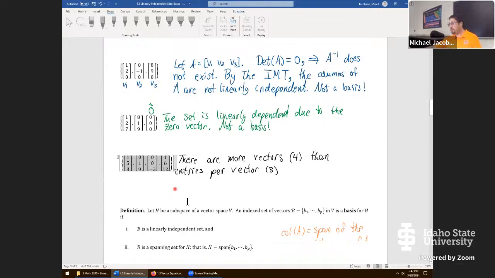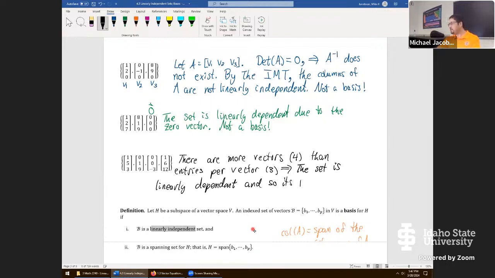And if there's a free variable, we lose linear independence. There's going to be non-trivial solutions immediately to that kind of system. So we can conclude here, this implies the set is linearly dependent. And so it's not a basis.